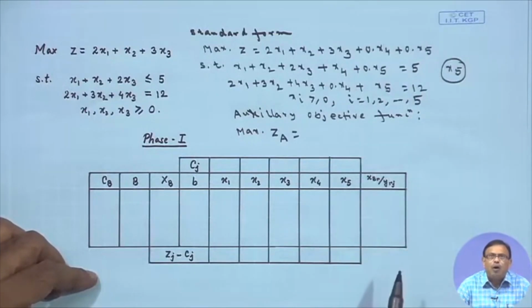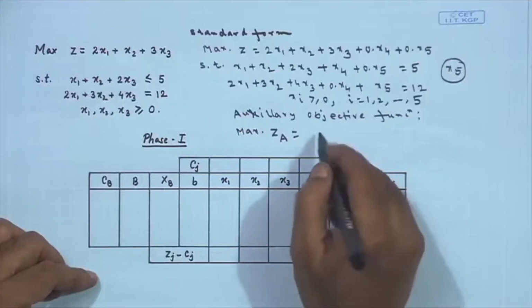Here you have only one artificial variable x5, you have three decision variables x1, x2, x3 and one slack variable x4. So, according to the algorithm, all the decision variables and the slack variable will be associated with the 0 coefficient, whereas the artificial variable will be associated with the coefficient minus 1.